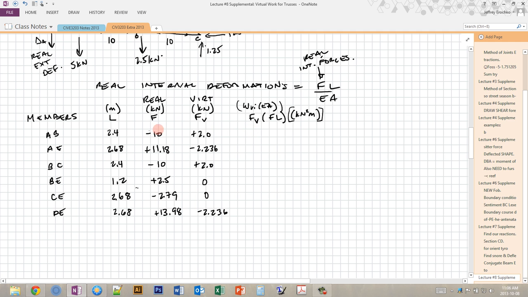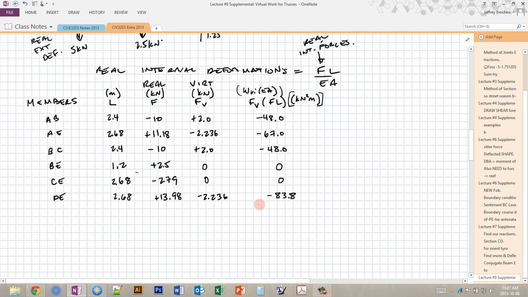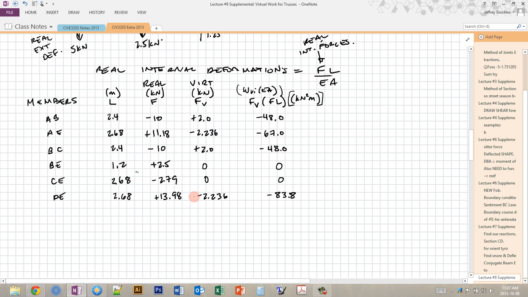Okay, so I'm just going to do 2.4 times -10 times 2, and we get -48.0. And then we do likewise to figure out all the rest. So you see, any column where we have a 0 in any of these categories, we're going to end up with 0 contribution to the internal virtual work. So really, we don't even have to find the forces in these if we know that ahead of time.